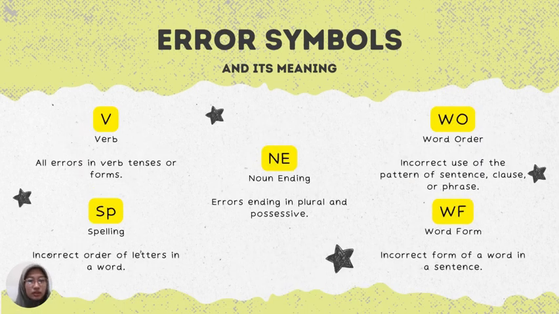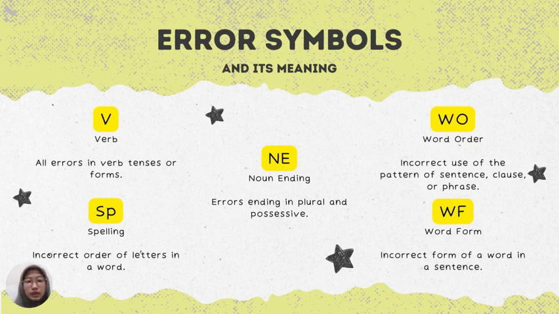Next is V or verb, which means all errors in verb tenses or forms. And next is SP or spelling, incorrect order of letters in a word. NE or noun ending, errors in ending in plural and possessive.